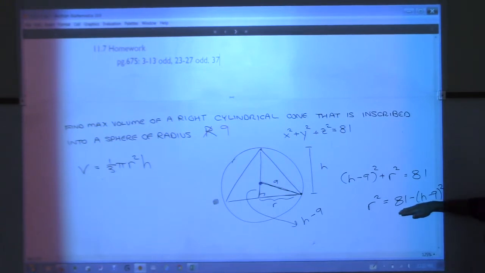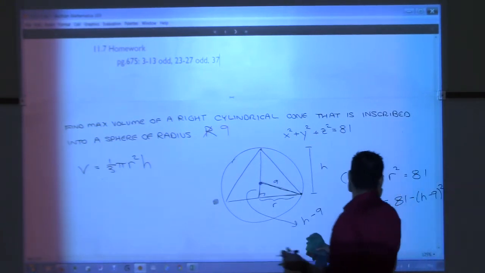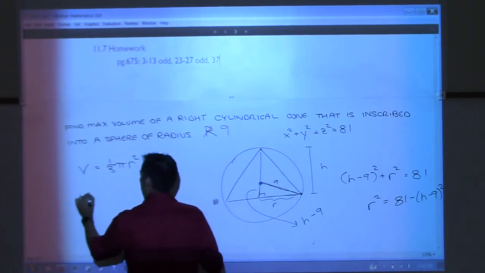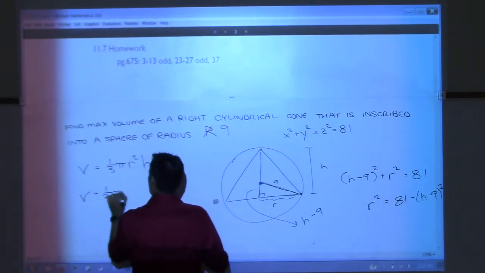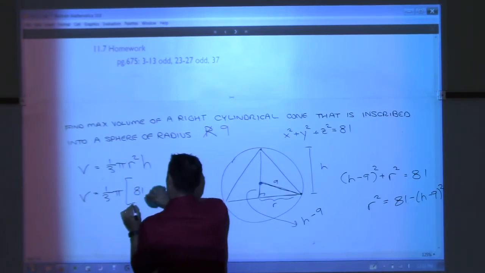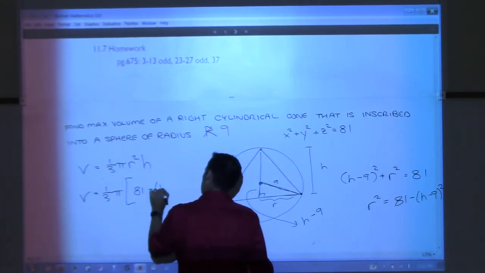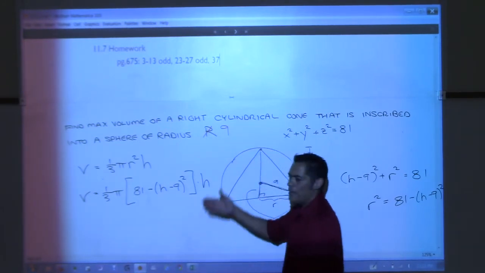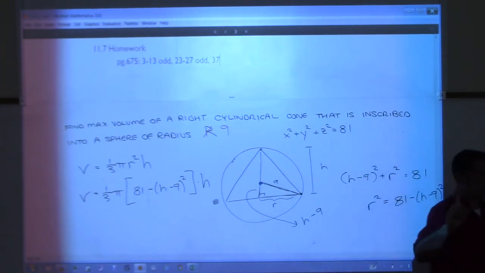We replace this r squared with it, so we have 81 minus (h minus 9) squared, times h. Now we have a function of a single variable.